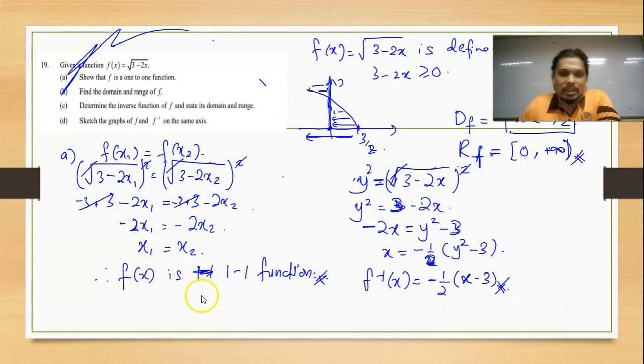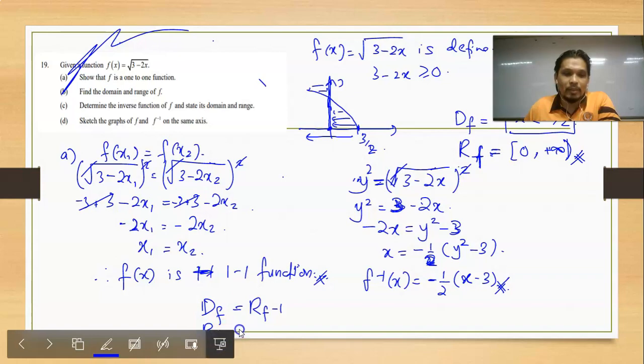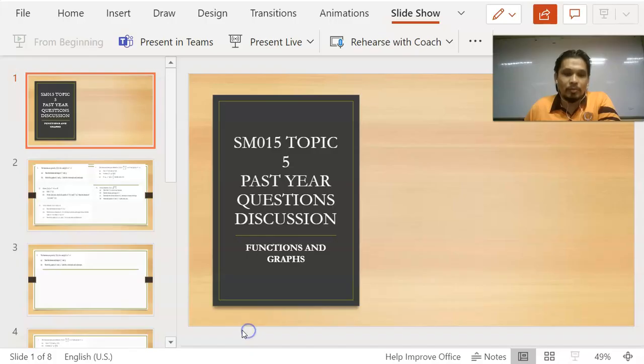Class, as we know that the domain of f is also equal to the range of f inverse, and the range of f equal to okay, sorry then.